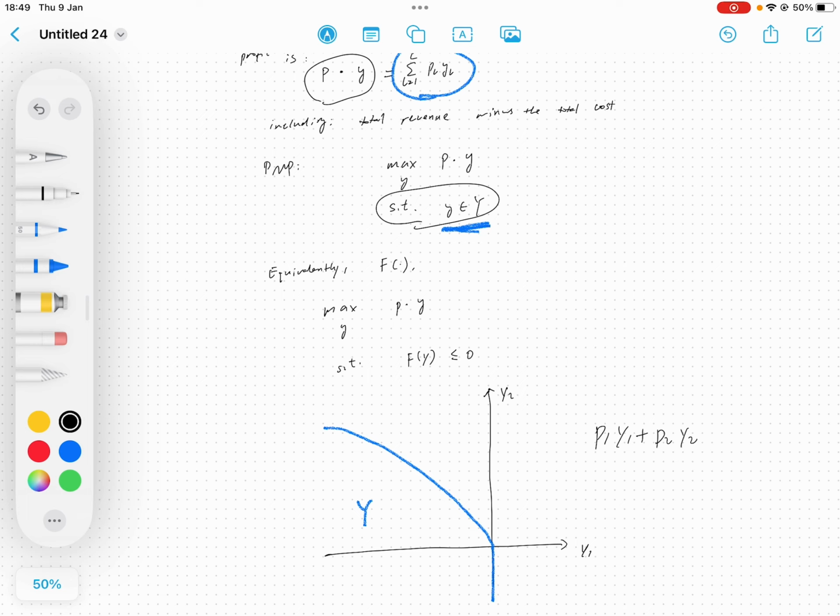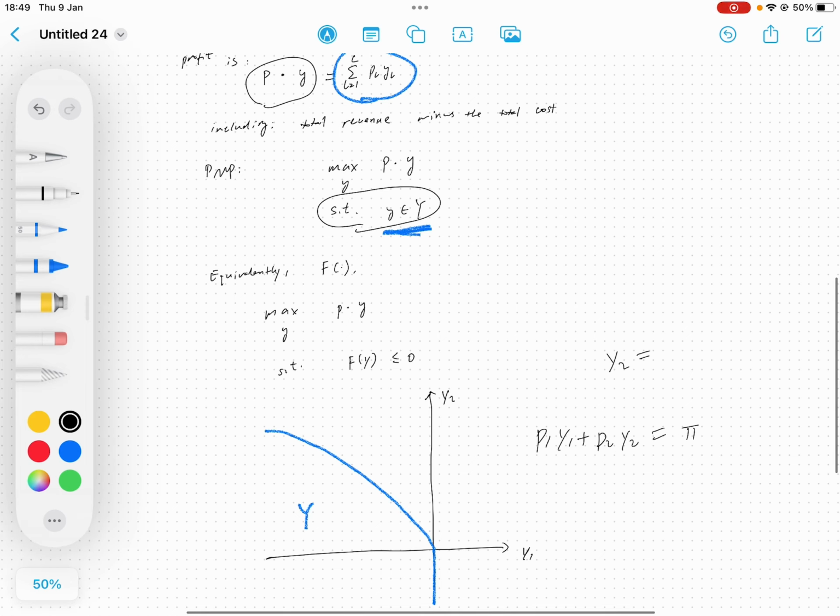That'll be just a straight line in this two-dimensional space, right? And for example, let's denote this as just pi, profit. So that'll be just some straight line, right? So what's the slope of this thing? We want to write this in terms of y2, right? So that'll be y2 equals pi minus P1 y1 over P2, right? So the slope of this straight line would be negative P1 over P2.